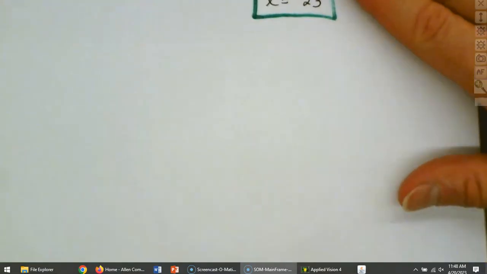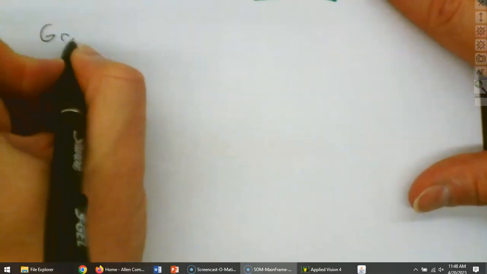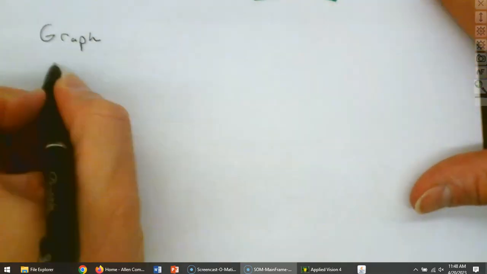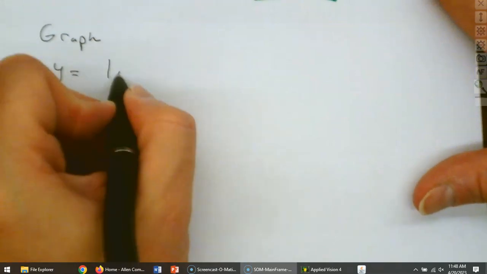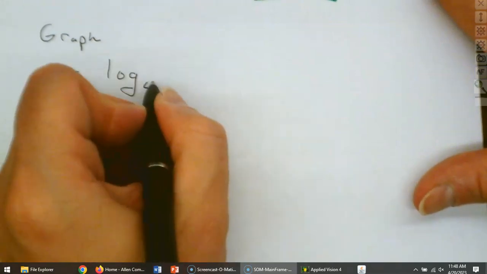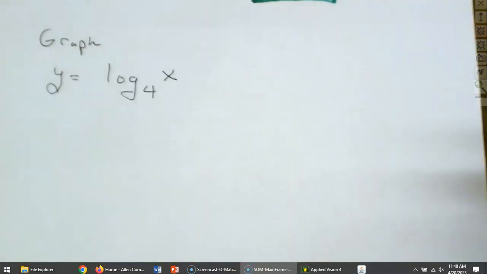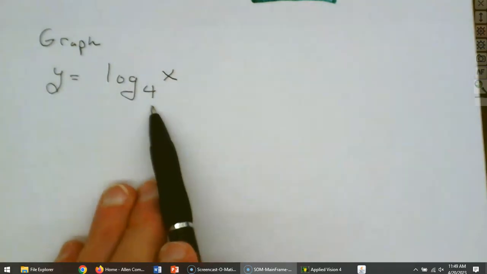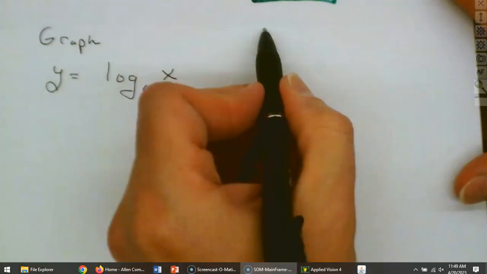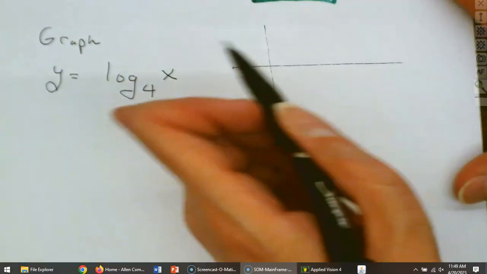So let's just graph a couple of these. Let's graph y equals log base 4 of x. Well, 4 is definitely bigger than 1. You look at your base. 4 is bigger than 1. So this quick sketch of the graph looks like this.